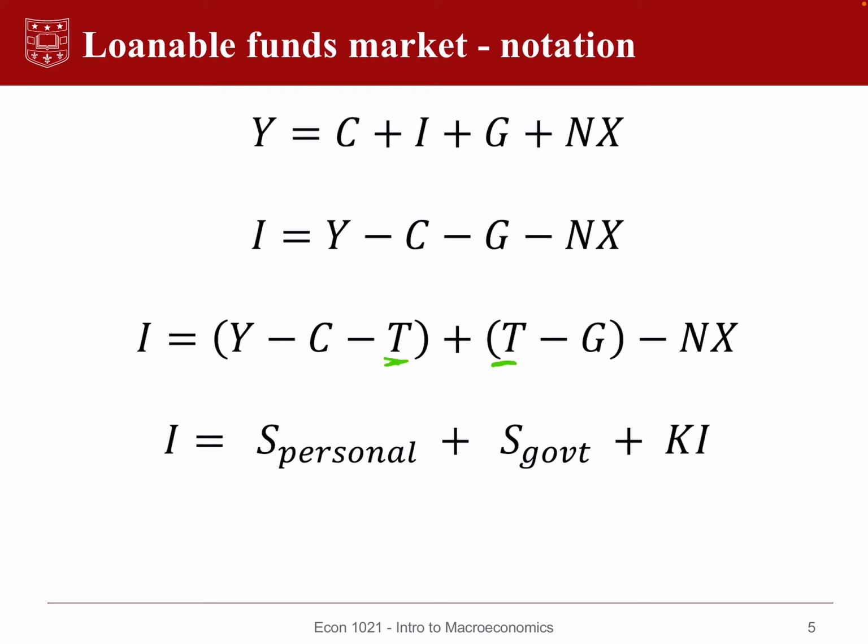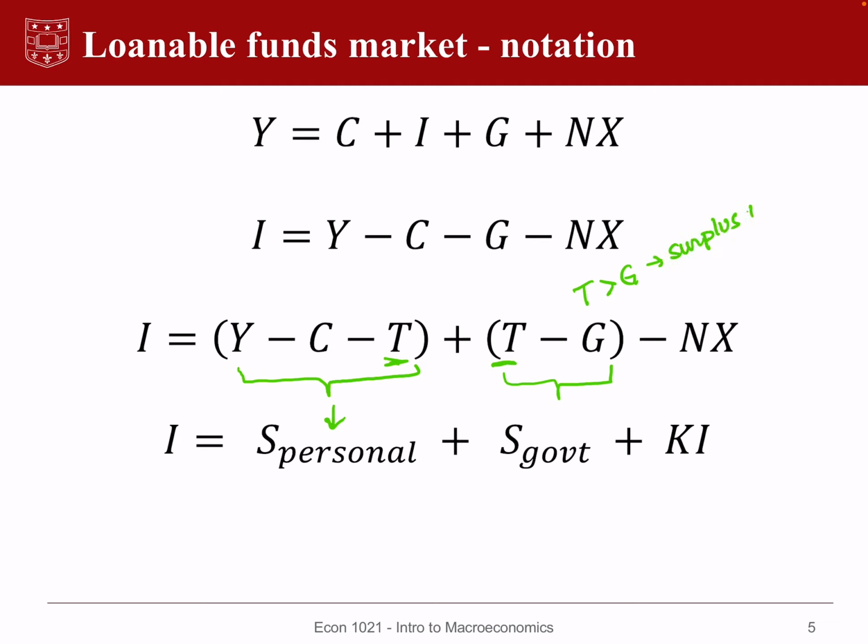and then rewrite in the way that we talked about previously. So again, this is the level of personal savings. This is the level of government savings. If revenues are bigger than spending on the part of the government, so if T is bigger than G, then we have a surplus.